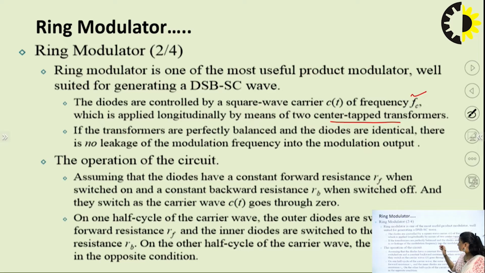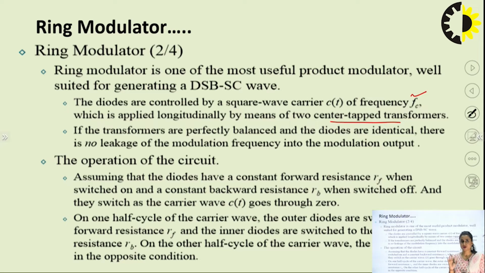If the transformers are perfectly balanced and the diodes are identical, then there is no leakage of the modulation frequency into the modulation output. True, there is no leakage. We have to consider the situation to be ideal, that is, perfectly balanced, and the diodes are ideal PN junction diodes.